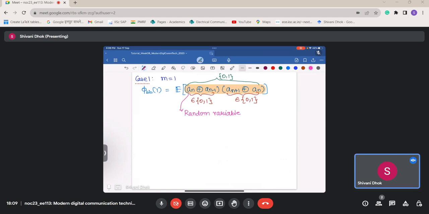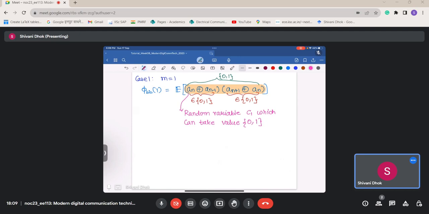Let's say some random variable c1 which can take values 0 and 1.